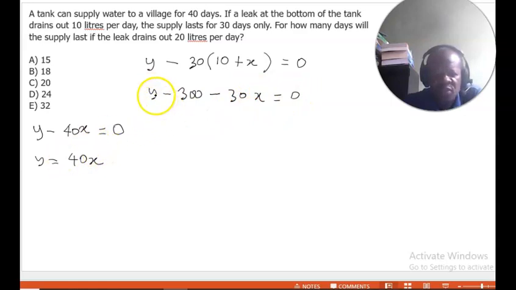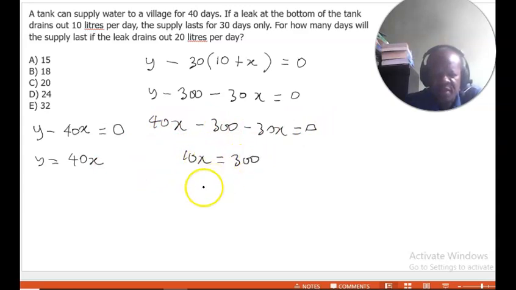We know that y is 40x, so this becomes 40x minus 300 minus 30x equals 0. So 40x minus 30x, that is 10x equals 300. So x is 30 liters, which is the amount of water supplied to the village per day.